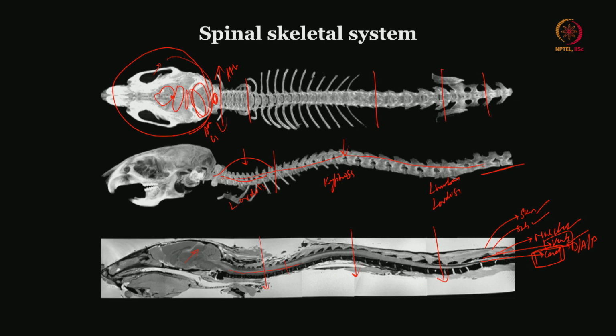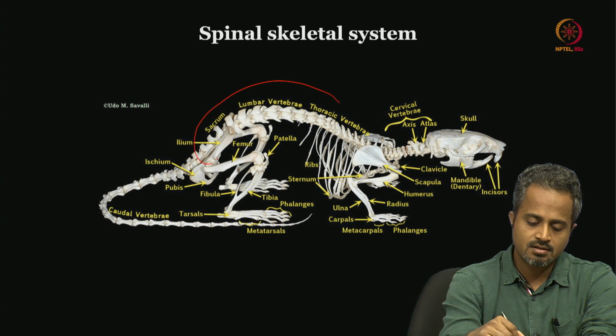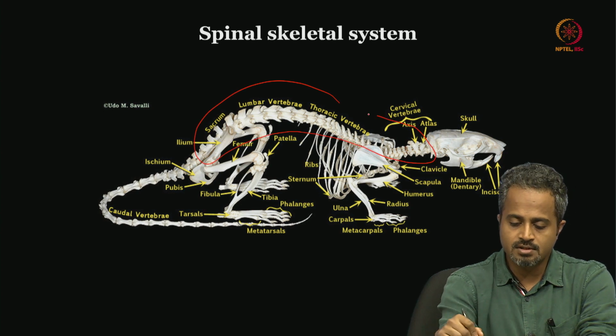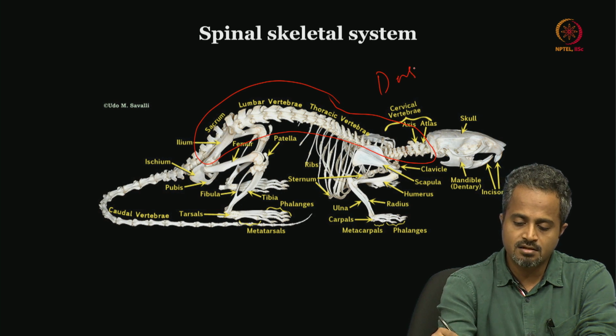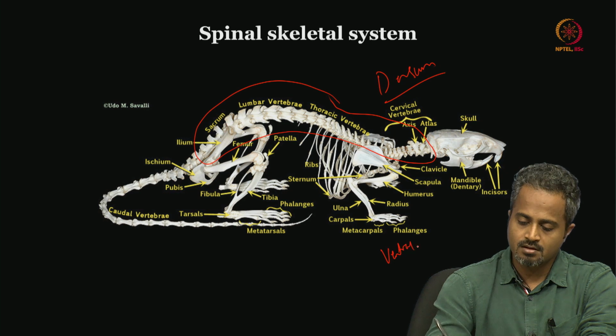So if one has to look at the entire skeletal system of the rodent, this is where the vertebral column is arranged on the dorsum. So as I said earlier, this is dorsum, this is ventral, all right.